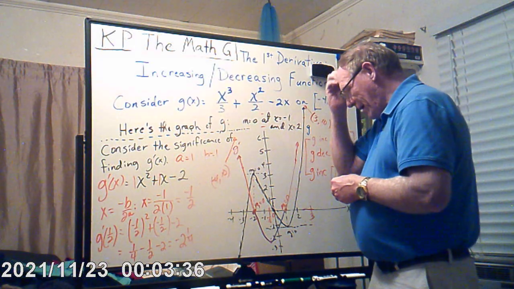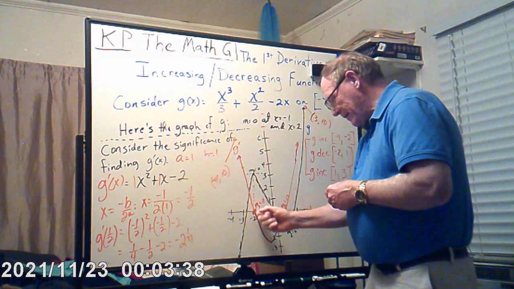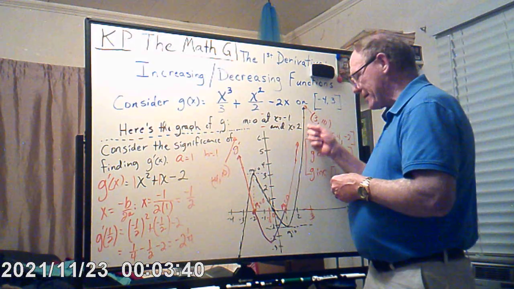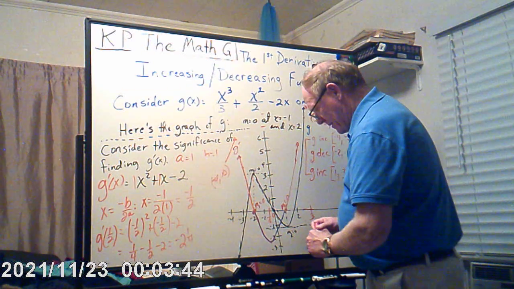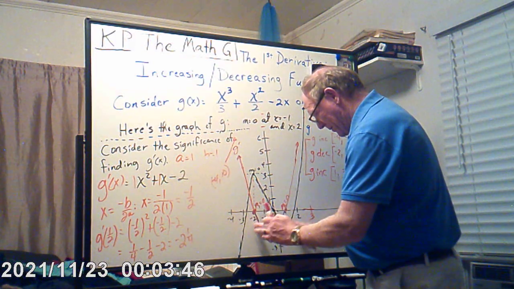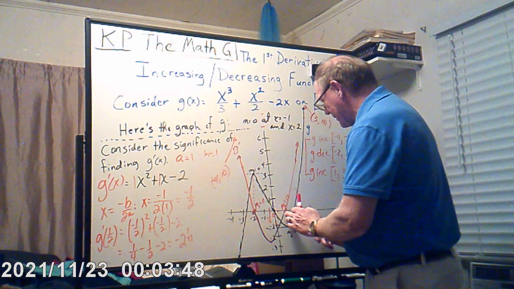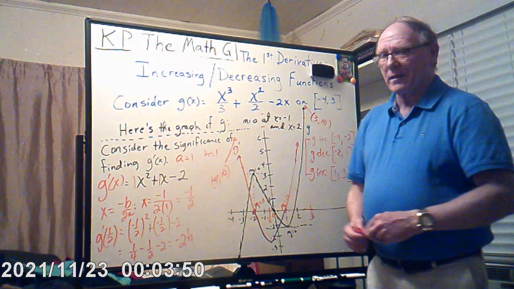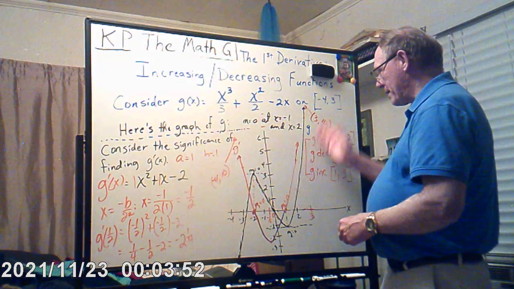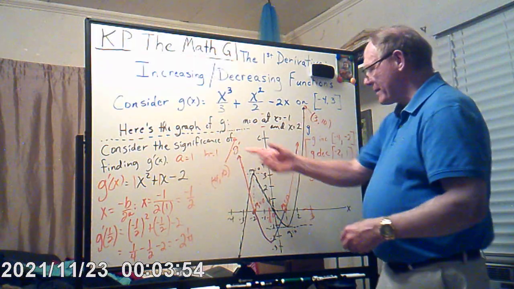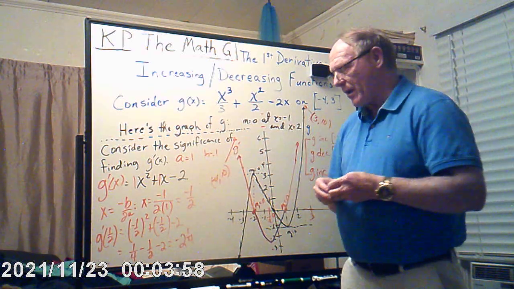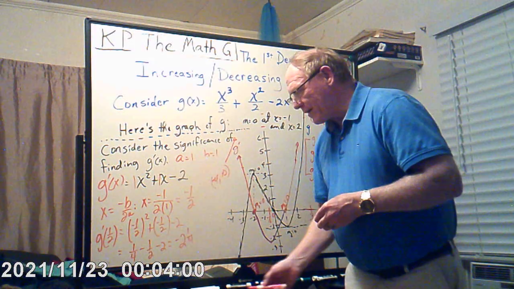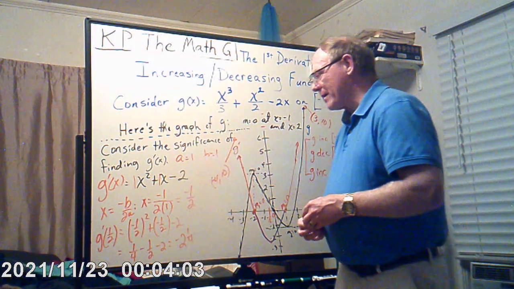So increasing, decreasing, increasing. Increasing on this interval, decreasing on this interval, increasing on this interval here. I got a little technical about this because I want to be right about it and do things the right way. But there it is. That's what we're talking about here.